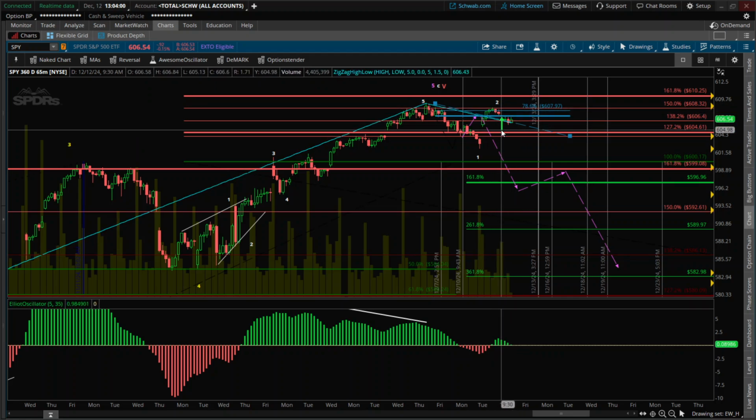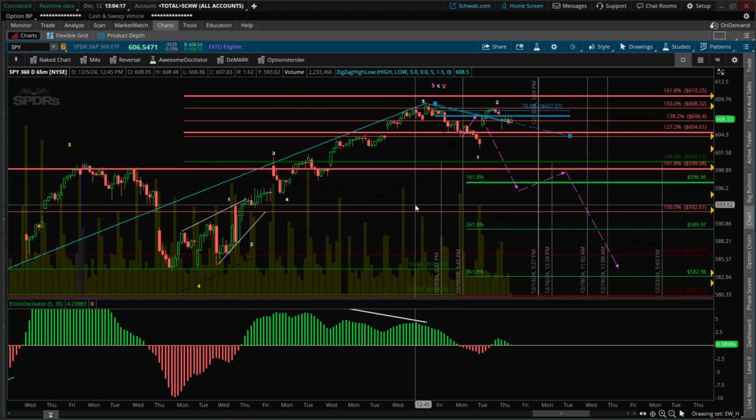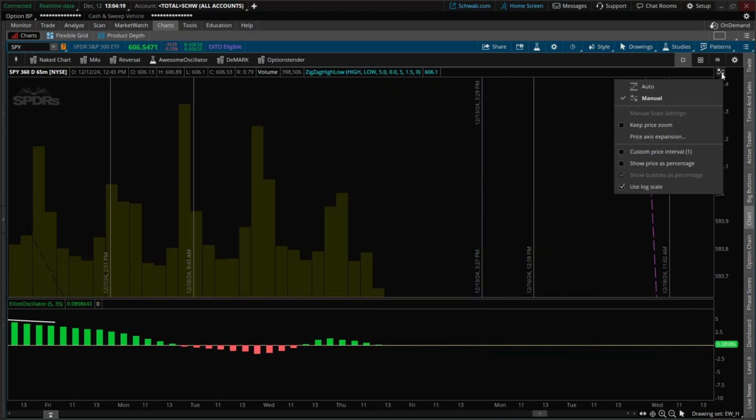And after this gap down today, all we're doing is getting a 1-2 setup in here. So this is a 1-2 setup. And we're actually rejecting off of that 62% retracement point here. And if you even go on a lower degree, see if we can dig in a little bit further.